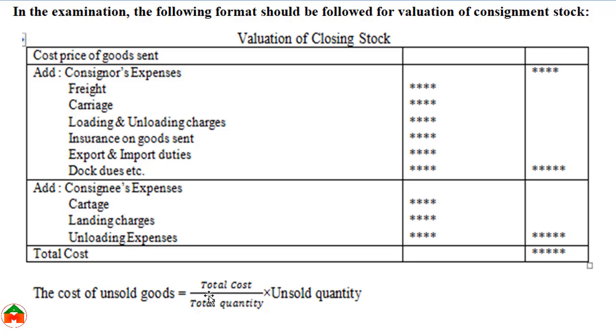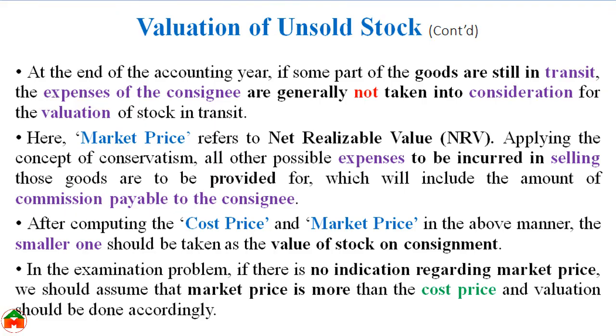Then we will get the per unit cost. With the per unit cost, we will multiply by the unsold quantity to get the value of closing stock or unsold stock in the consignment process.